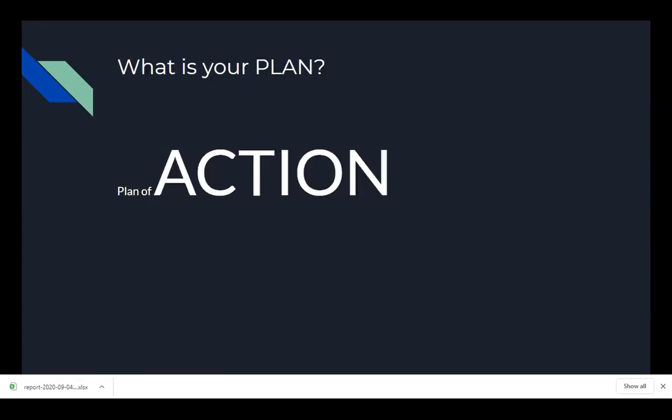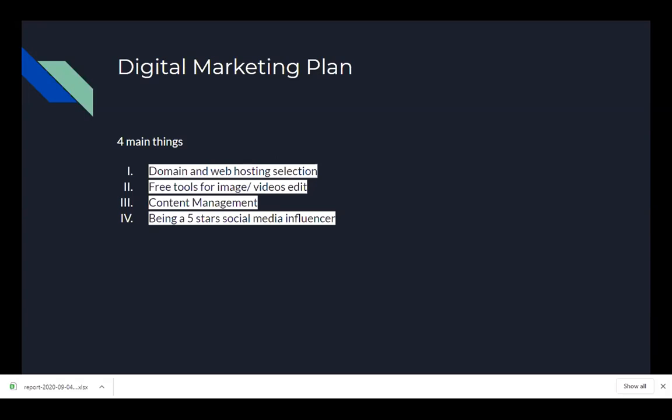Okay, so digital marketing plan. These are the 4 main things that you should consider: domain, web hosting selections, the free tools for image and video editing, content management, and a big thing, how you need to be an influencer yourself, because you need to be constantly on the digital platform to share. Whether you are going to do live streaming or just EDM or write articles, all these are very important.